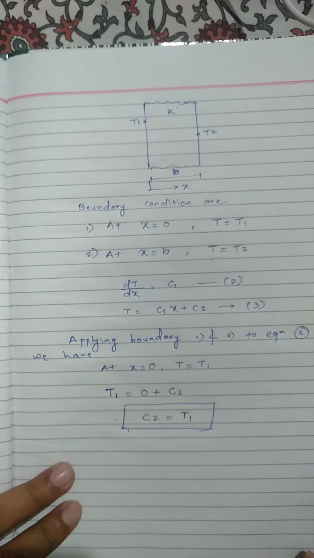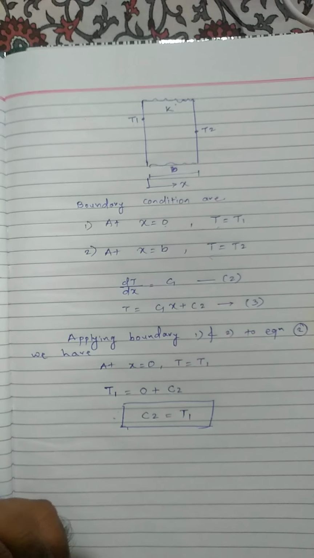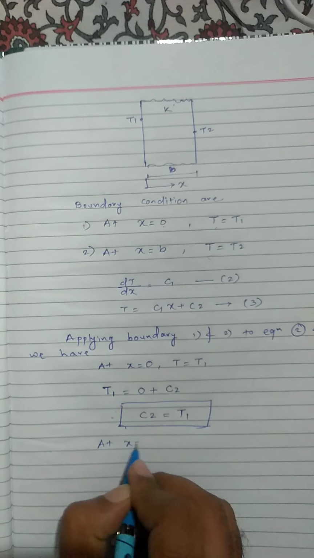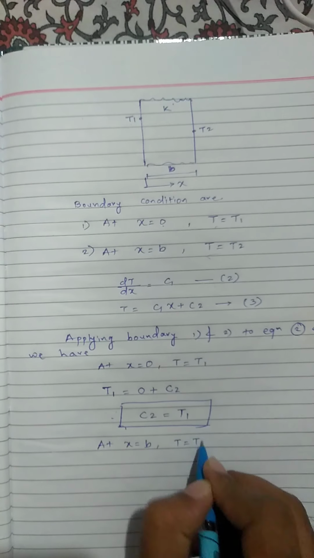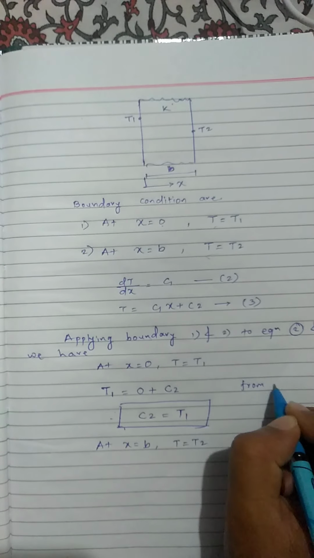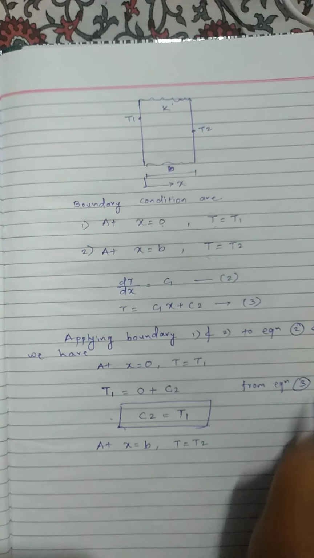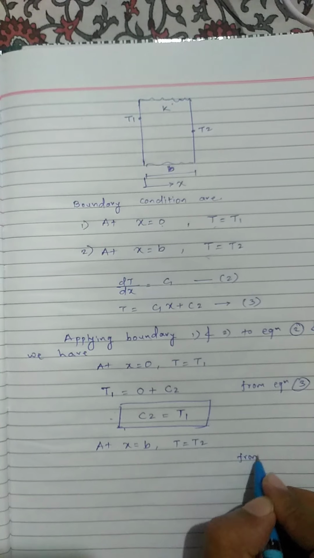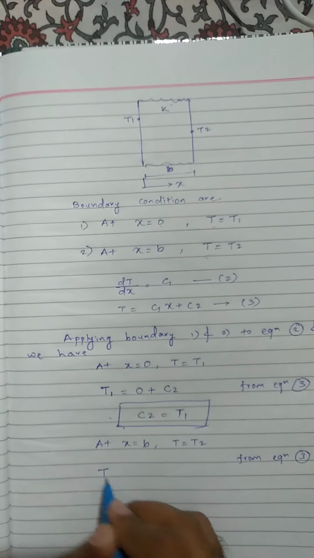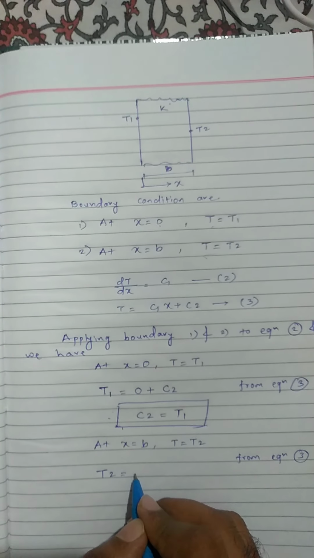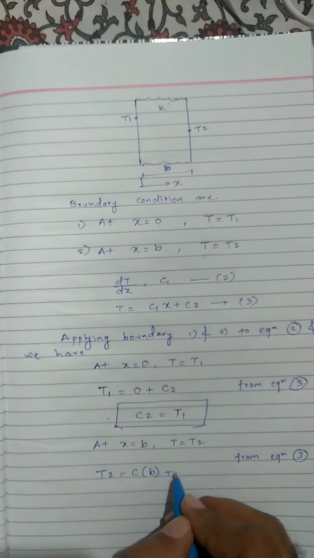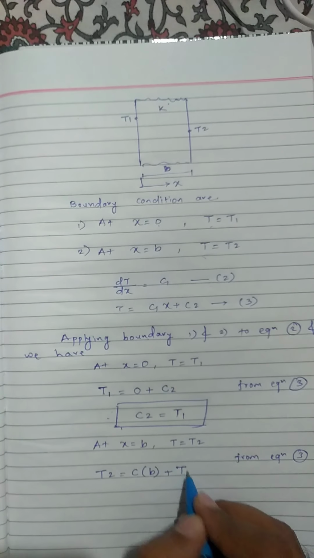Now let us see how to find the value of C1. At x equal to B, T equal to T2. From equation 3, we have T2 equal to C1, which we don't know, times x, which we know is B, plus C2, which we know is T1.